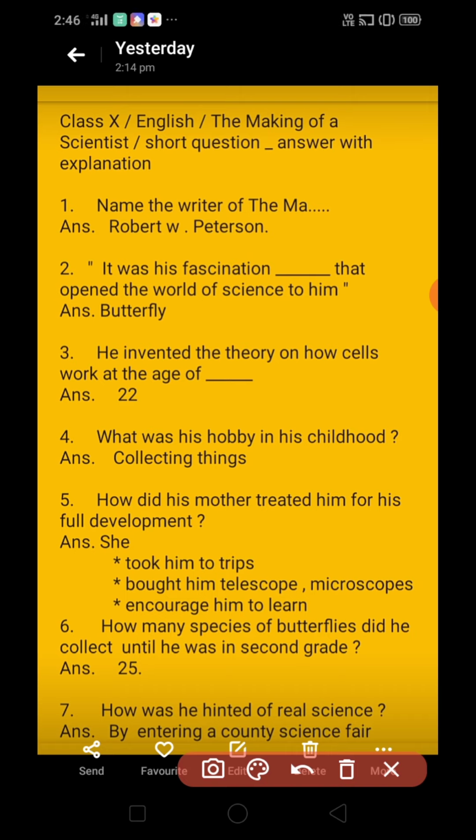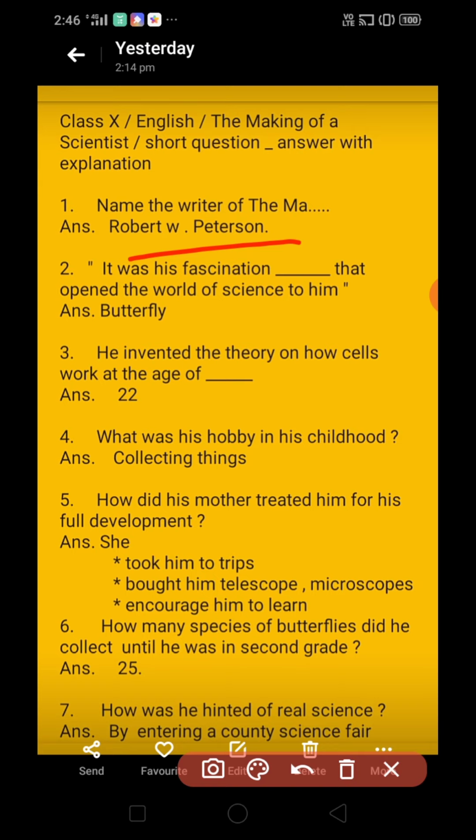Here there is nothing to explain. The name of the writer is Robert Peterson. The next question is, what fascination opened the world of science to him?